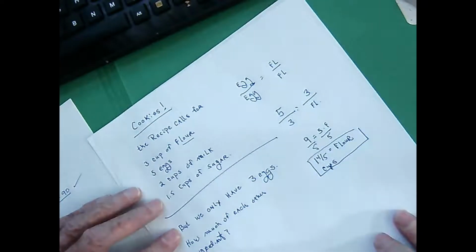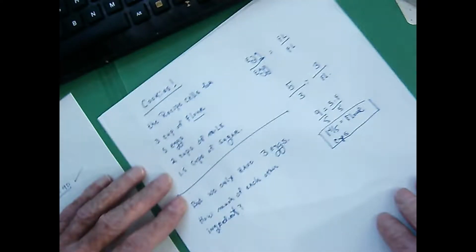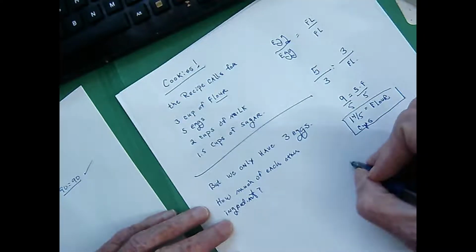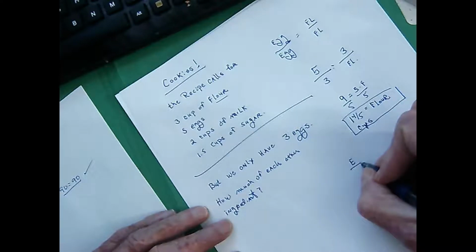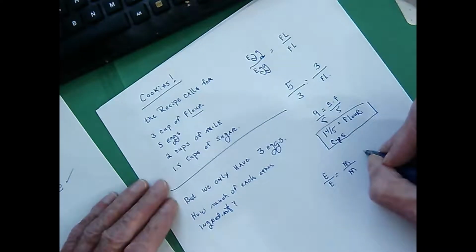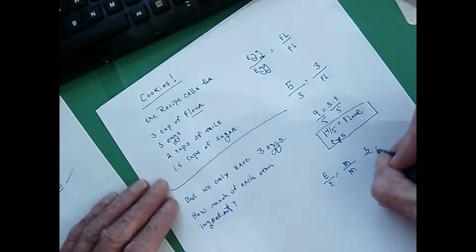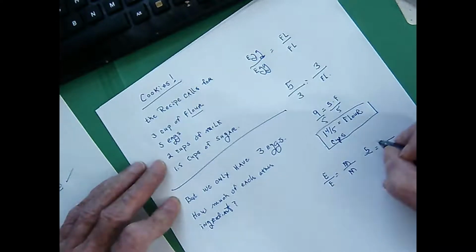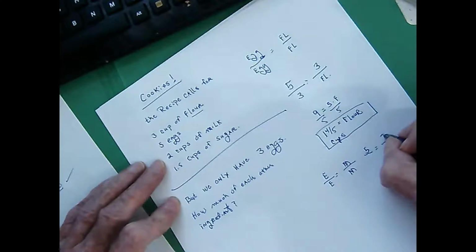Let's figure out how much milk I should use. I'm using the same kind of thought. Eggs over eggs equals the amount of milk over the amount of milk. And I know when I use 5 eggs, you would expect to use 2 cups of milk.